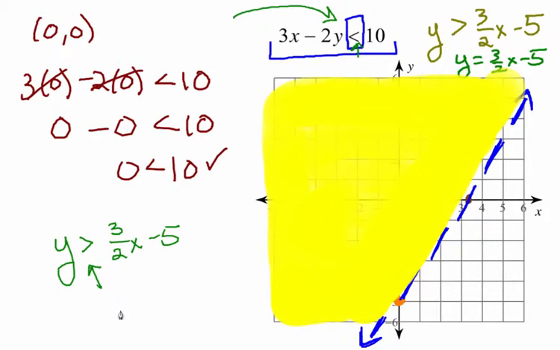So if it's in y equals mx plus b form, the rule of greater than gets shaded above and less than gets shaded below does apply. But if it's in what we call standard form, where the x and y are on one side and the constant term is on the other, that rule doesn't apply in the same way. So it's always good to just plug in 0, 0, see if it's a solution or not a solution. That is the best way to determine which side you should shade on.